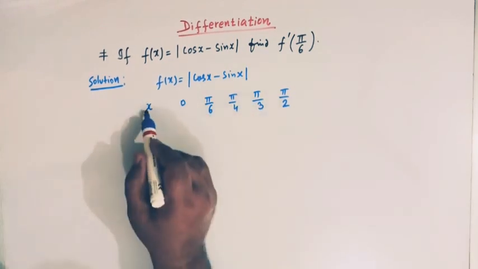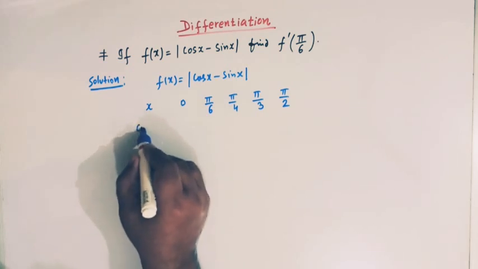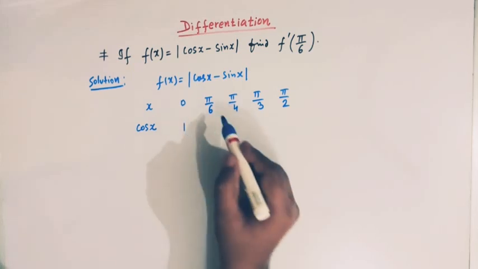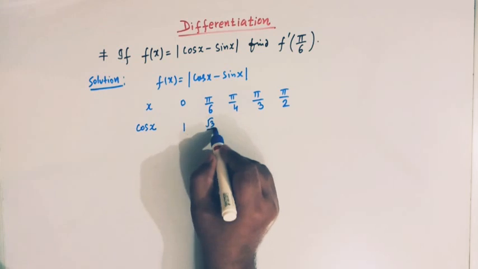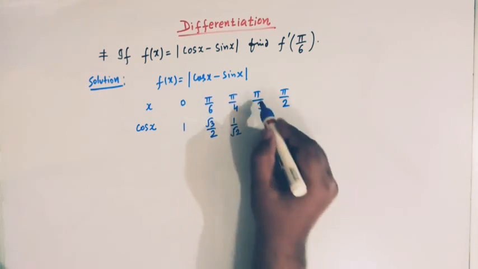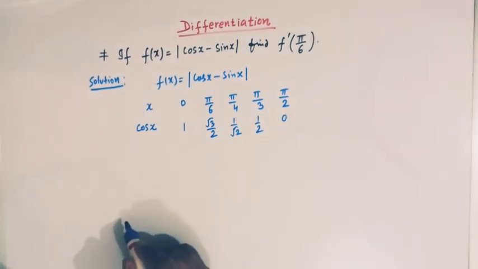So when x is equal to 0, the value of cos x is 1. For cos π/6 we have √3/2. For π/4 we have 1/√2. Here we have half, and here we have 0.